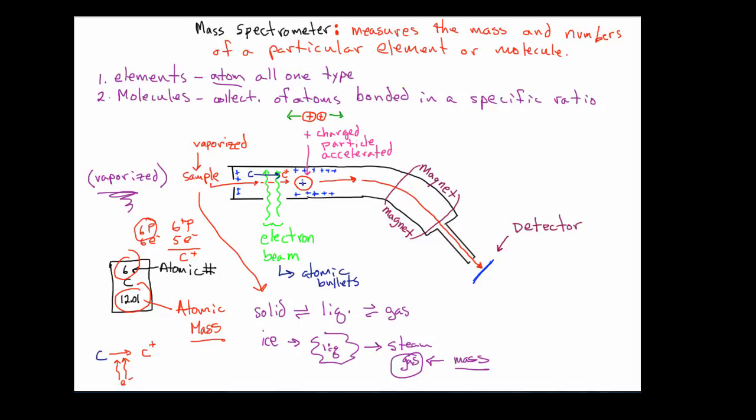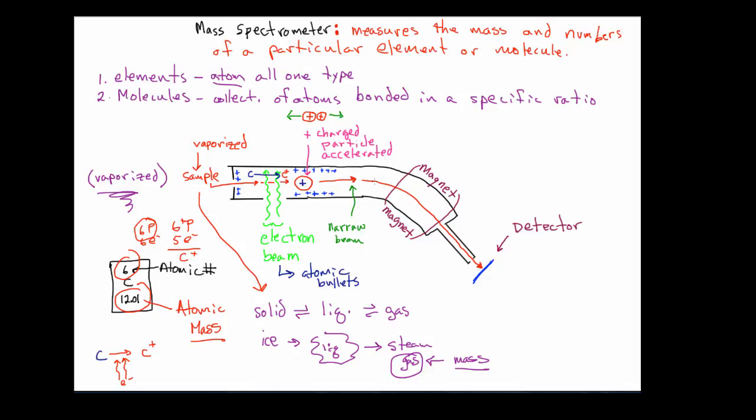Now, in addition to the fact that it's going to be made to go fast and it's got a positive charge on it, the beam of particles is going to be narrowed by progressively shooting it through a series of slits. So when it exits at this point right here, as it moves down this hallway, it's going to be projected into a very narrow beam of particles, all right?